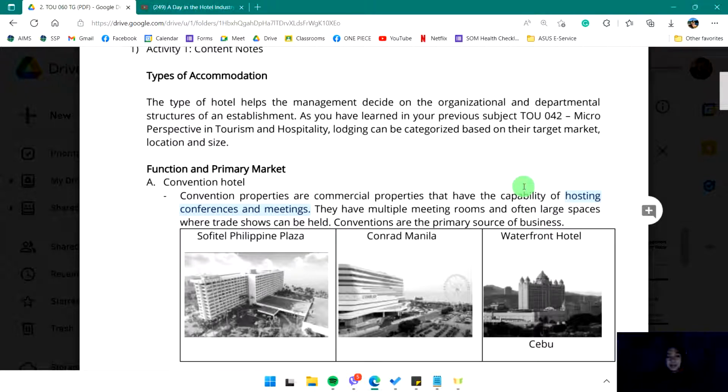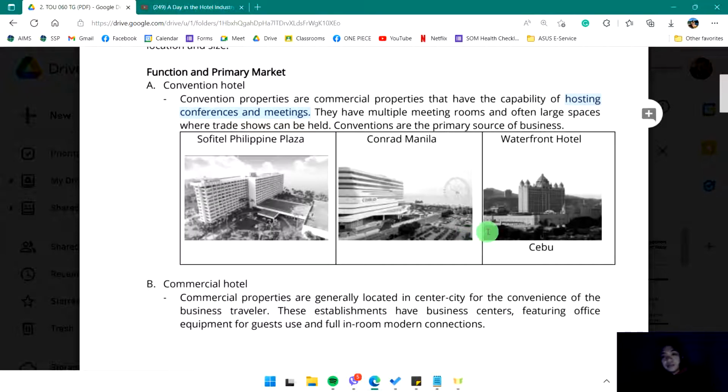So here in the Philippines, some examples of these kinds of hotels are Sofitel, Conrad Manila, and Waterfront Hotel in Cebu. So yun, convention hotels. Their main function is to accommodate these types of big meetings or big conferences.